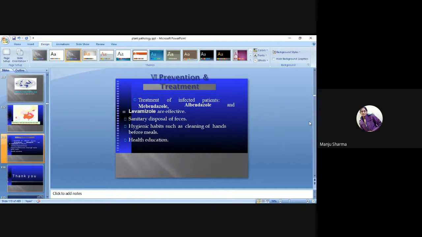Then the sixth point is prevention and treatment: treatment of infected patients, where mebendazole, albendazole and levamisole are effective.